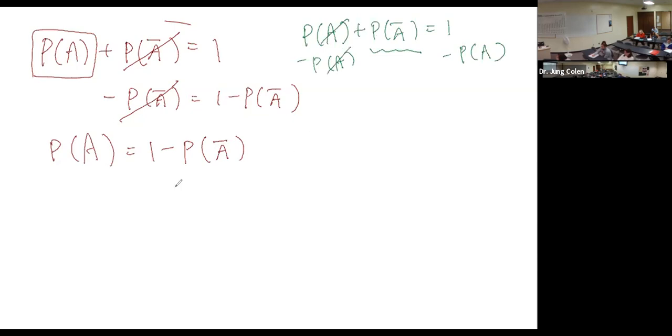Then this part is gone, and we have the probability of A complement is 1 minus the probability of A. And it makes sense intuitively too, right? Because when you add these two together, it's 1. To get only one part, you can take away the other part. So that's what it's meaning here. Okay? I don't think anything's hard here.